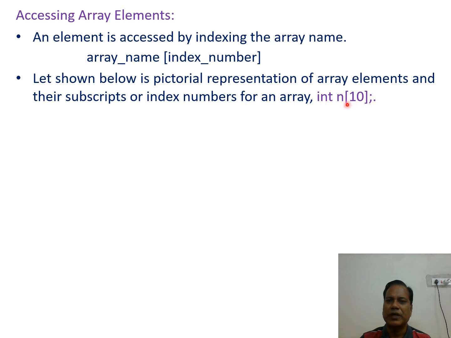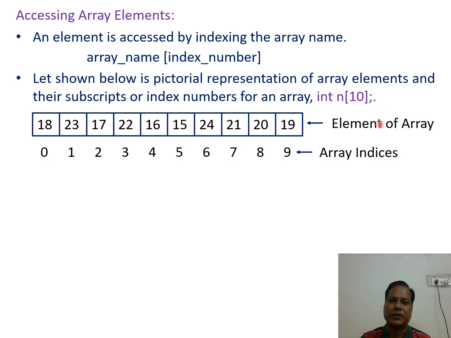So this is an integer type array, that is, this array n can store 10 integer data. Each data has an index number from 0 to 9. Array index starts from 0.